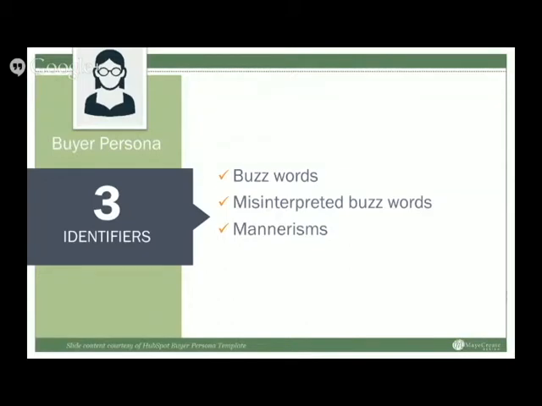So one of the things that I might work to alleviate through my blogging activities is educating my potential buyers about what SEO means and all the components that go into it, and what our belief set is on promoting your business online, because it might not necessarily be the same as other people's. SEO can mean a lot of things. And then, are there mannerisms that set them apart from other people?